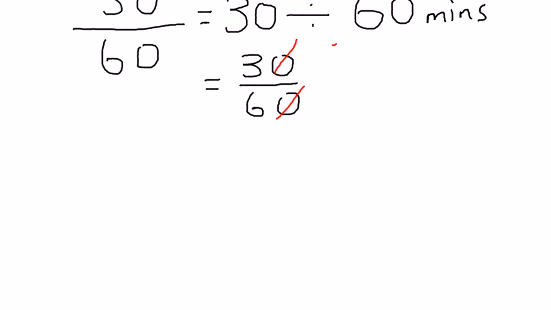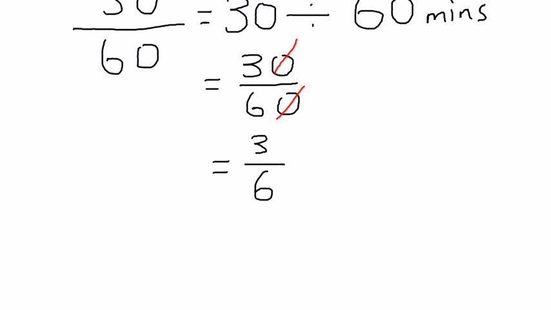Okay, so I'm going to erase the arrow. So once you cancel the 0, you will be left with 3 over 6. Then you can start to do your division.